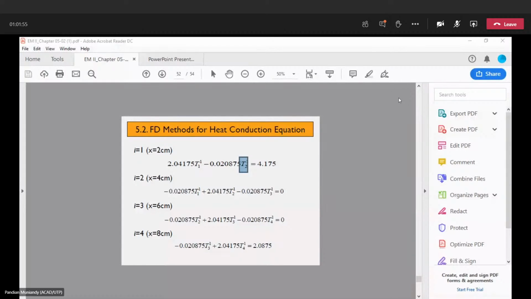I repeat again, T12 equals 0.020875 multiplied by 0.00021 plus 0.020875 multiplied by 2.04503, that is T11, divided by 2.04175. So equals to what? 5 decimal places, T12.